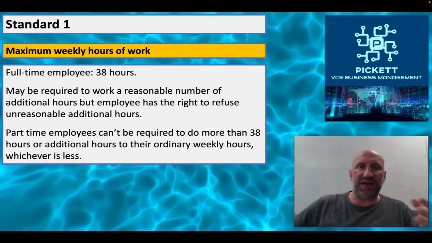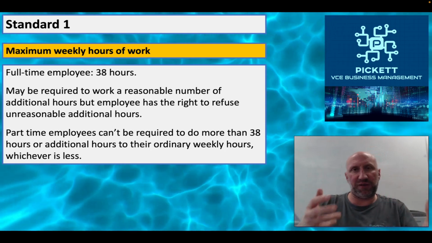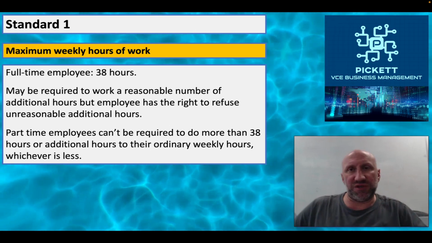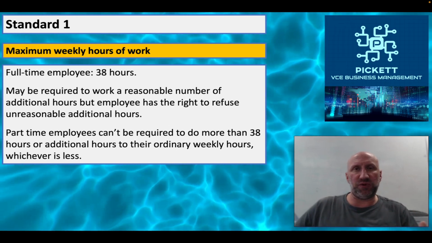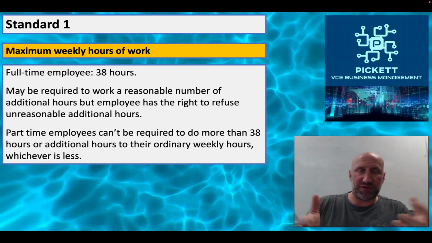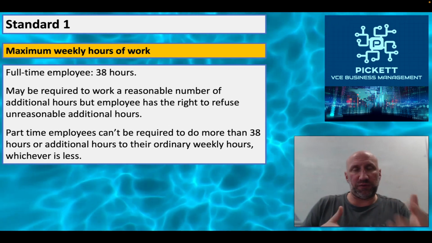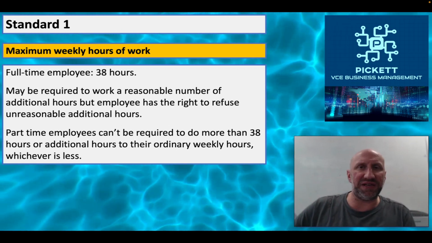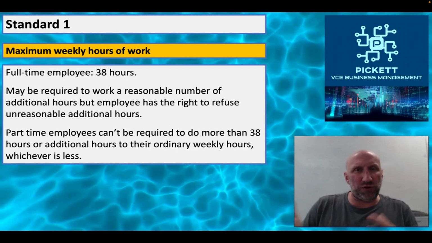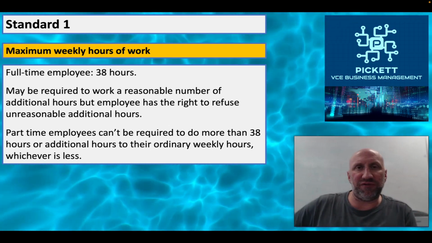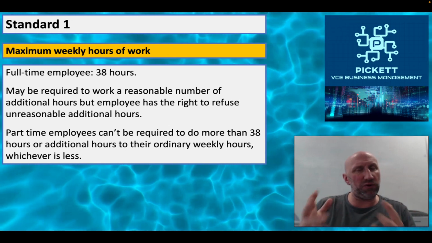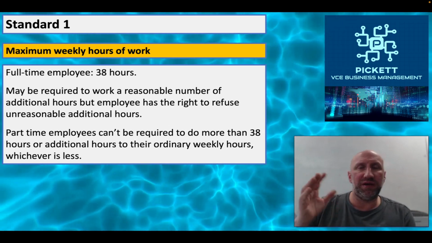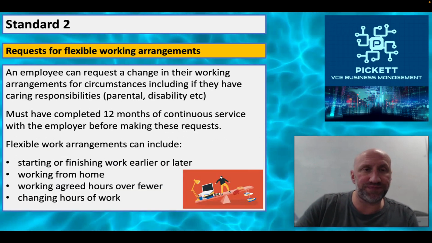At the end of the day, if there was a dispute over this, like if the employer was expecting an employee to work, say, an extra 10 hours a week, and the employee thought that was unreasonable, then, like we said before, you could go to the Fair Work Ombudsman and they would get involved in any disputes. But you will find that some of the wording in these standards does leave a little wiggle room, which at the end of the day is probably not very helpful. It would be easy if they were just black and white, but they're not all like that. So that's your maximum weekly hours. So 38 hours a week plus reasonable additional.